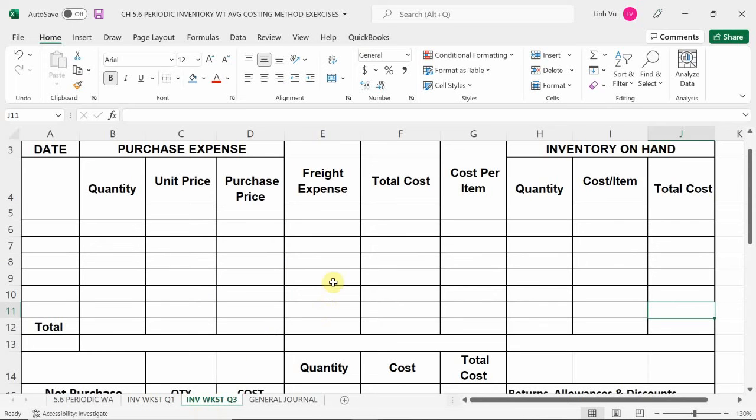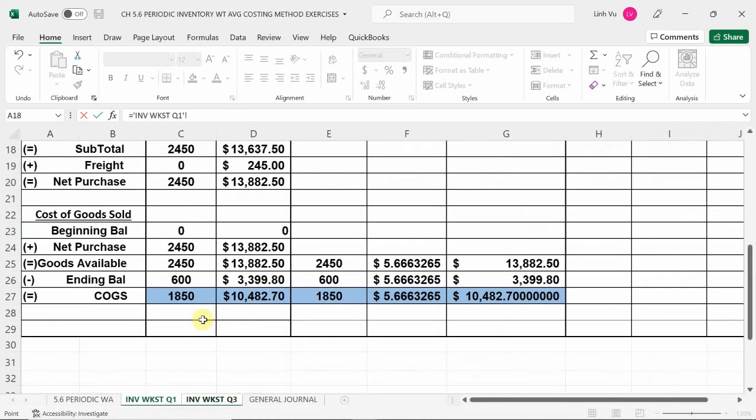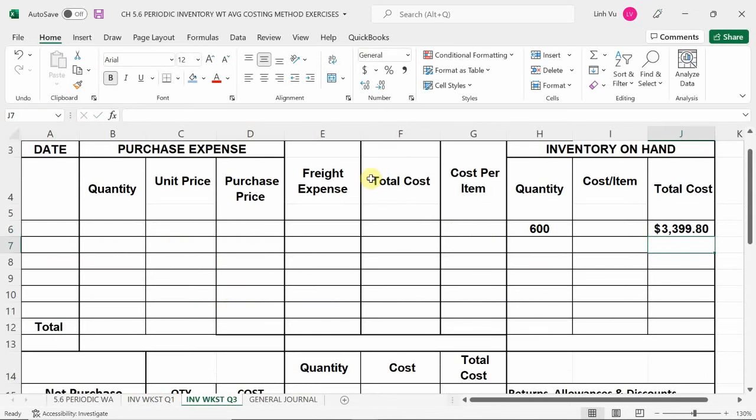Okay. So right here, inventory on hand, I know I have 600 units, and right now it is costing a grand total of $3,399.80. And of course, if you want to just do it for fun, you can calculate your average cost there, and it will tell you right away that it is 5.6632.